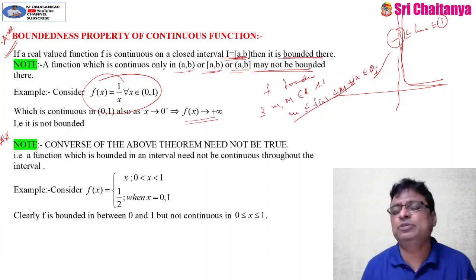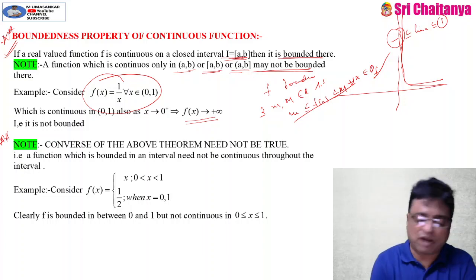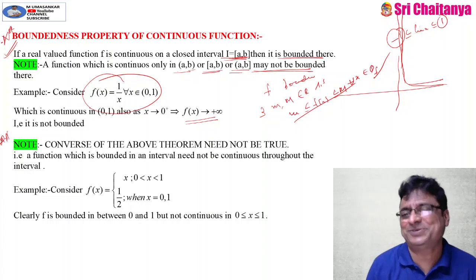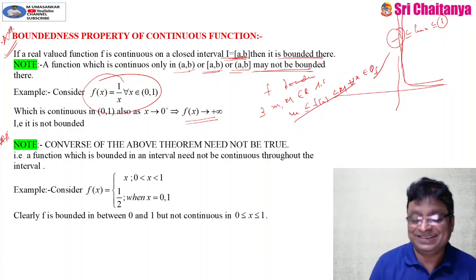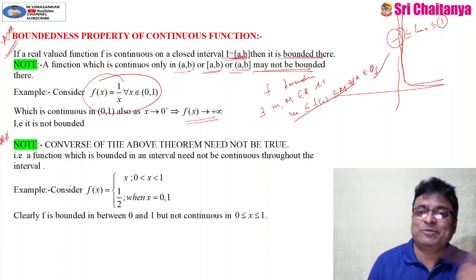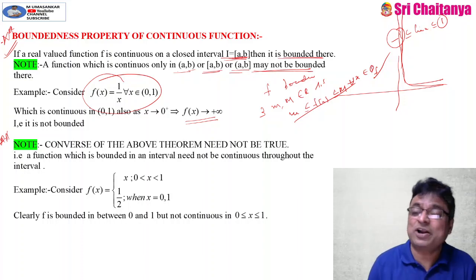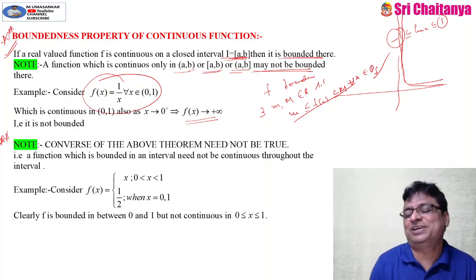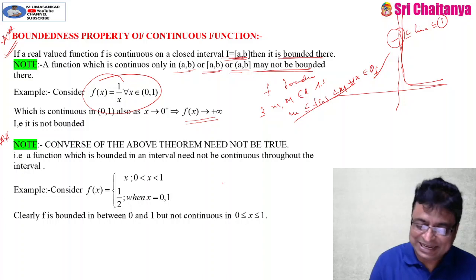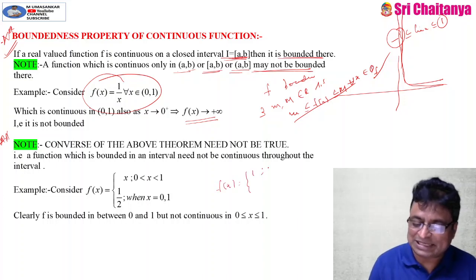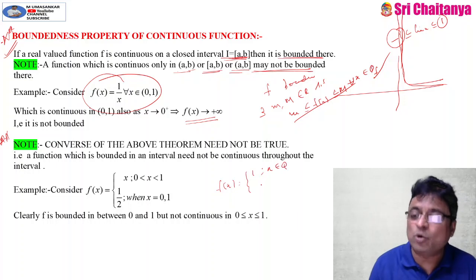Again, the converse of the above theorem is not true. That means not every bounded function is continuous. This is the converse. See, my favorite function: f(x) = 1 when x is rational, and f(x) = minus 1 when x is irrational. Already I told you this kind of functions are called Dirichlet functions.